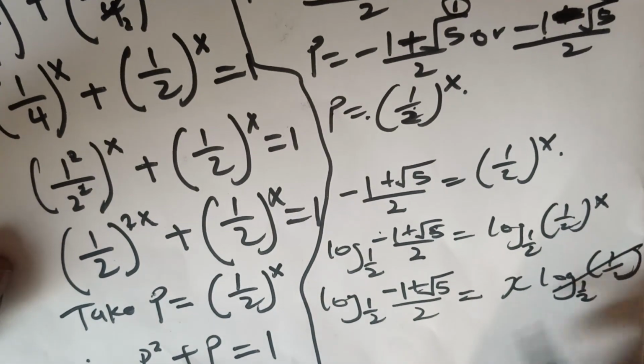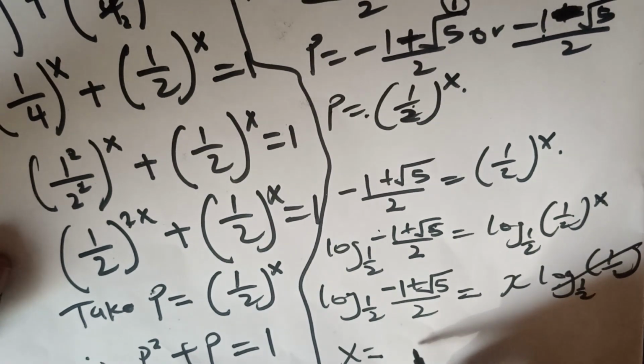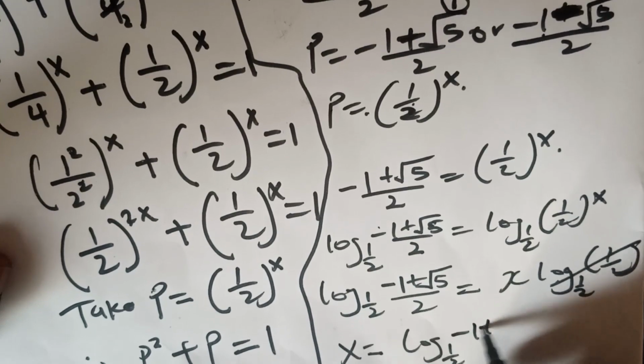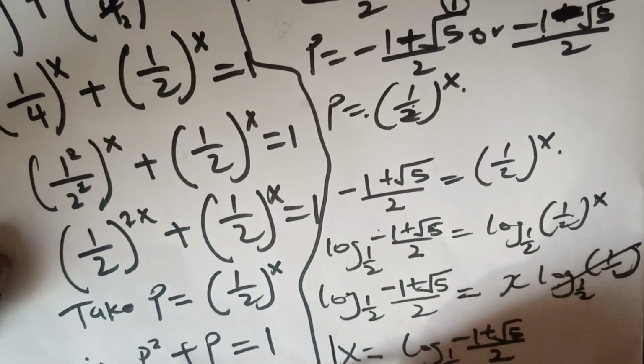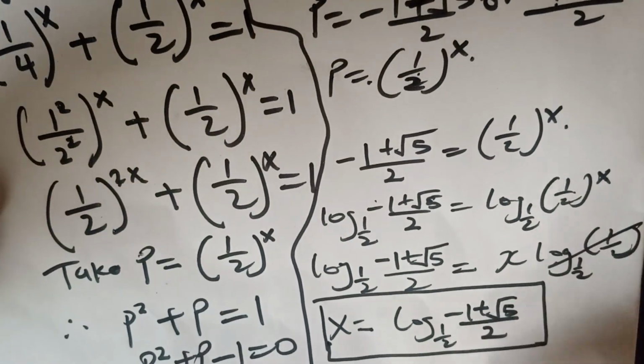So this and this can easily cancel out, so our x is equal to log base 1/2 of (minus 1 plus the square root of 5 all over 2). So this is the first value for your x.